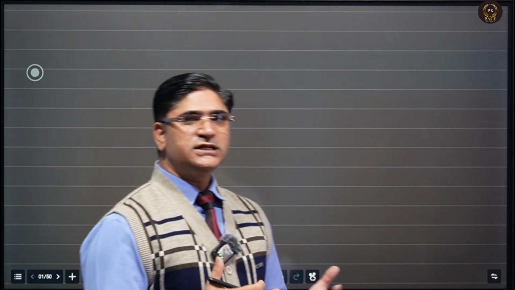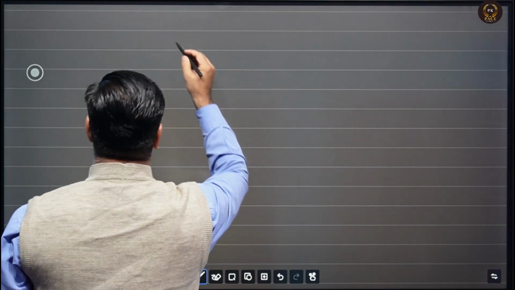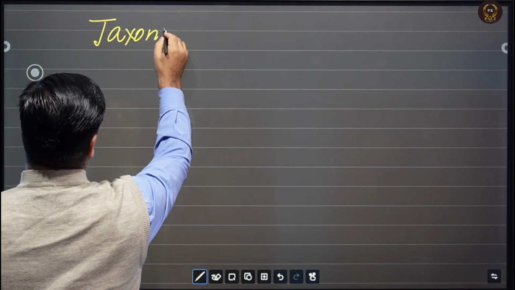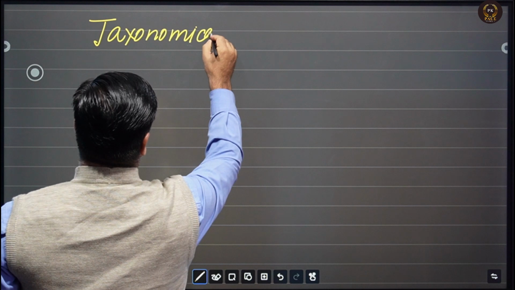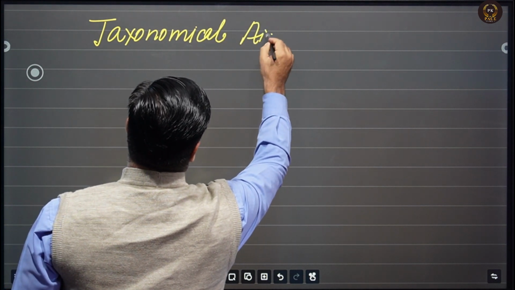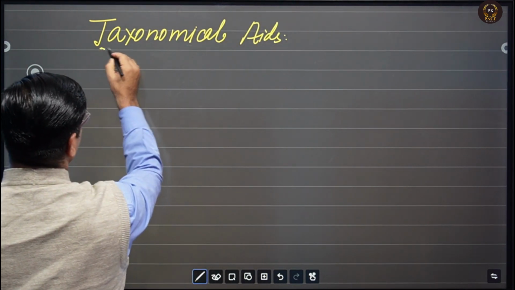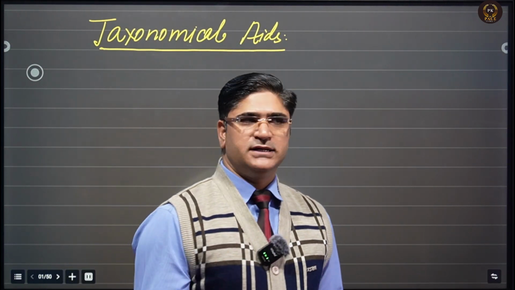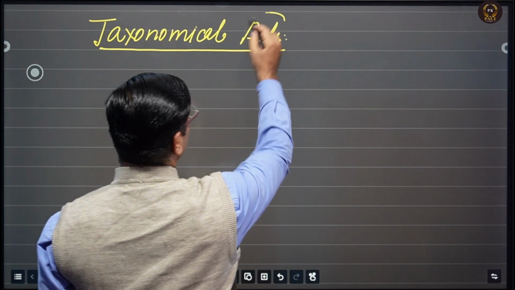What are taxonomical aids? Let's discuss taxonomical aids. When we say taxonomical aids, it means the tools.